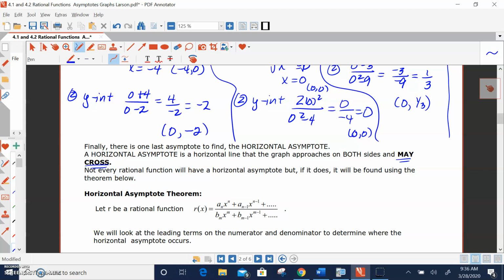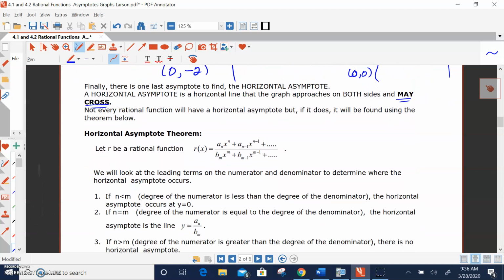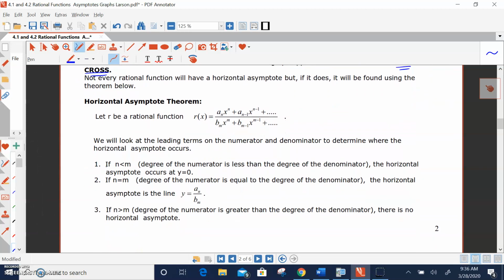Let's look at the horizontal asymptote theorem. Yeah, we have to have a theorem to find our horizontal asymptotes. So we know that we have a polynomial on the top and we have a polynomial on the bottom. And to find the horizontal asymptote, all we want to do is look at the leading term of the polynomial on the top and the leading term of the polynomial on the bottom.